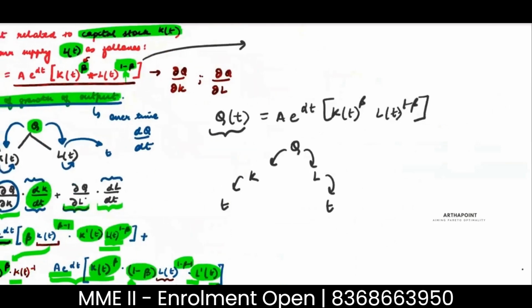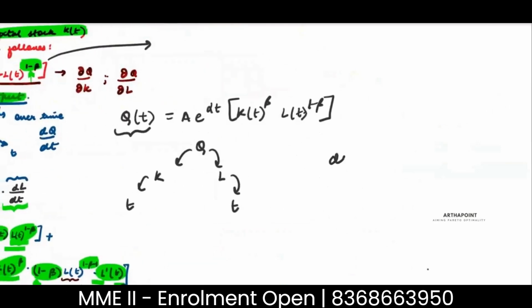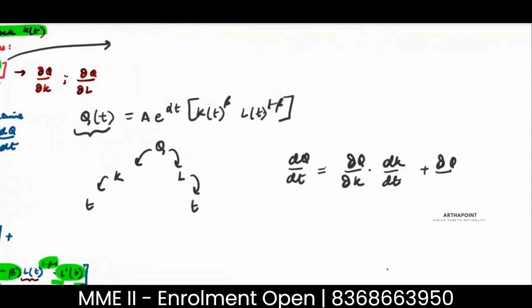So we said that the change in output over time is how output changes with respect to capital into dK by dt, plus how output changes with respect to labor into dL by dt. This part is just differentiation of this with respect to capital.